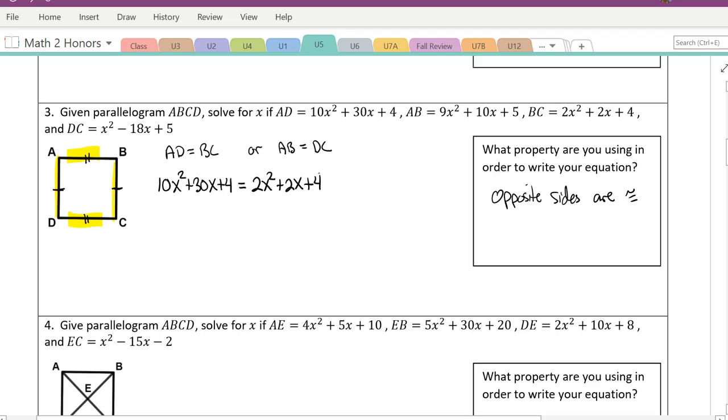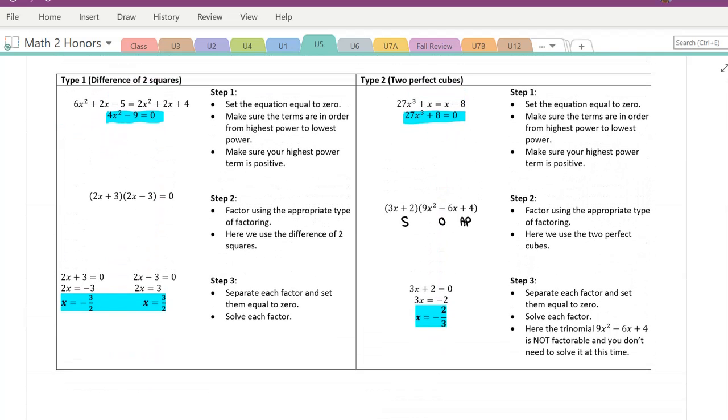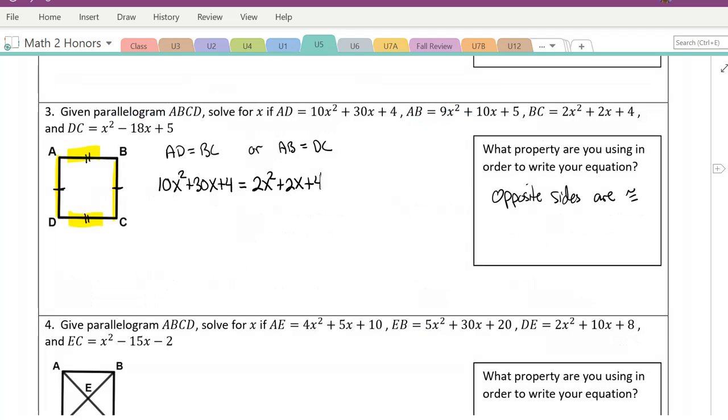And if you forget how to solve equations, I gave you that solve by factoring handout, right? And on all of them, remember step 1 says to make your equation equal to 0. And so that's what I'm going to do here. So I'm going to subtract 2x squared from both sides.